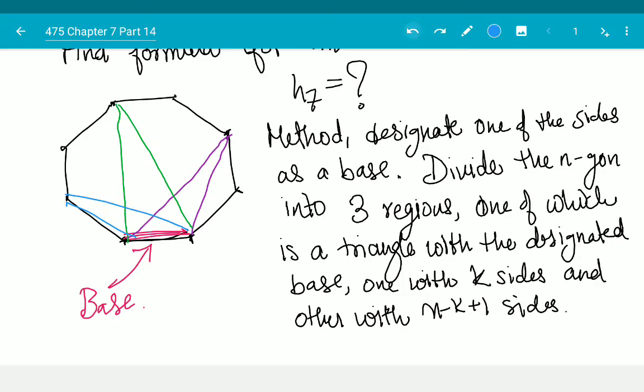No, not that way. This way, right? I can do it this way, right? That would still be a triangle with this.